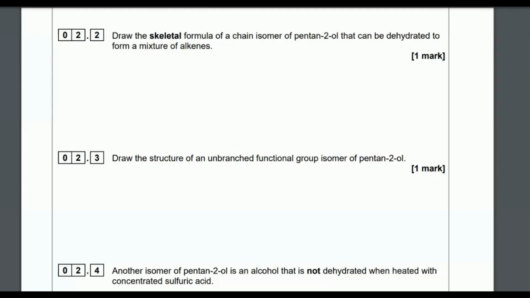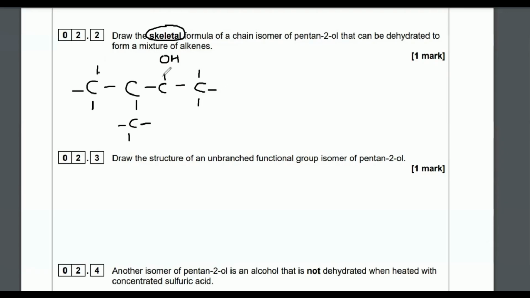And what we're looking at here, we're going to want something along the lines of this. Now it says skeletal, but I'm doing the display just to help with the explanation. Now we know we need to change the chain. So for example, if I put a methyl group here, this is now butanol. This is 2-methyl, or 3-methylbutan-2-ol, whatever.